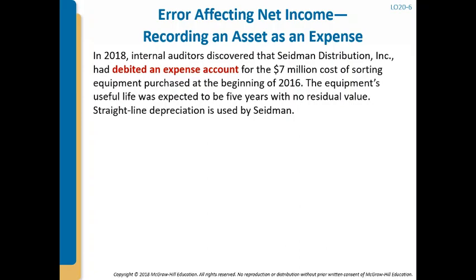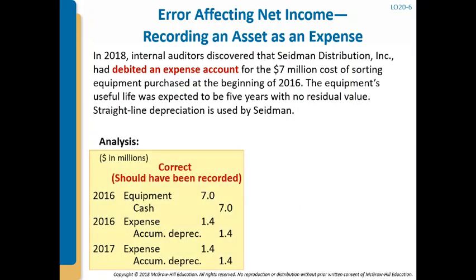Straight line depreciation is used, and so they find this 2 years later, right? So there should have been in each year $1.4 million in depreciation expense. Also, equipment should have been recorded instead of an expense account.